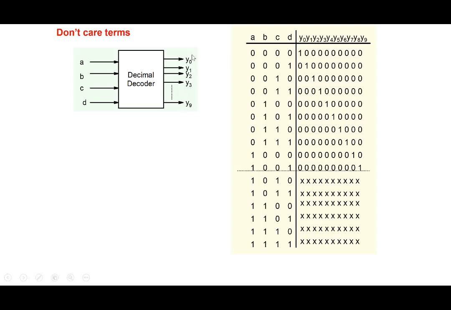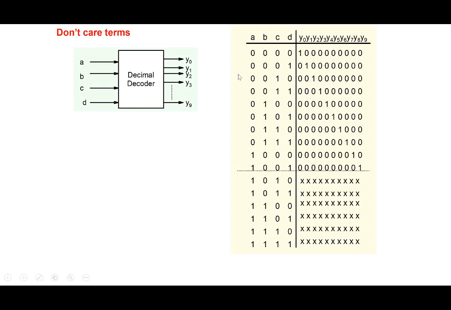If it is 0000, then only y0 will be equal to 1. So you're using 10 bits to encode 4 bits here.